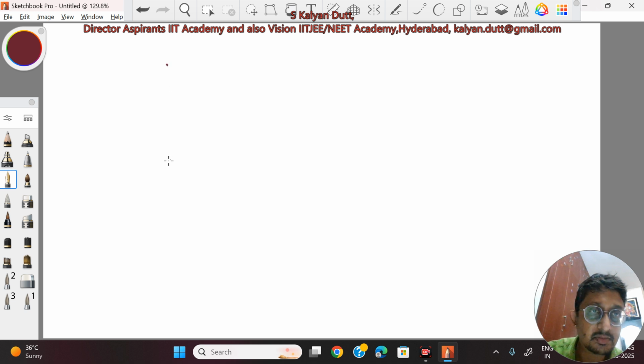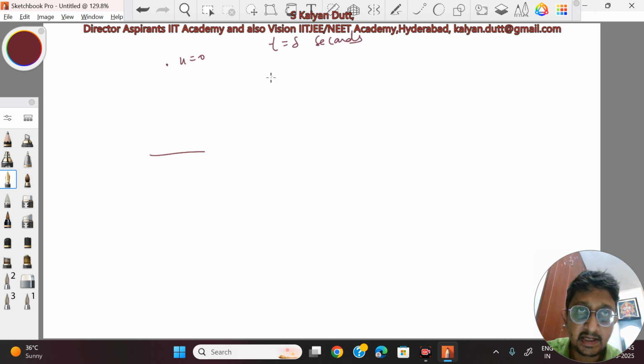Let's start the motion from the highest point where u is 0, and in the next delta t seconds, which is a very small time, let's find the velocity v equal to u plus gt. If this delta t is very small, I can write dv is g delta t.